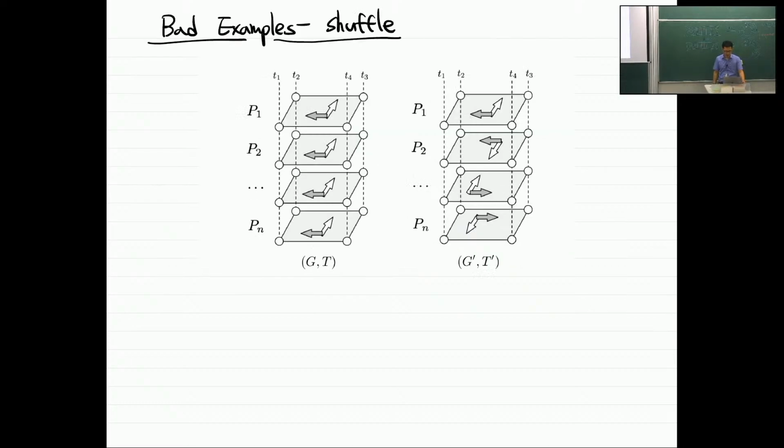And we have a similar result for even cut matroids. For this example, we have many pieces, P1 to Pk.